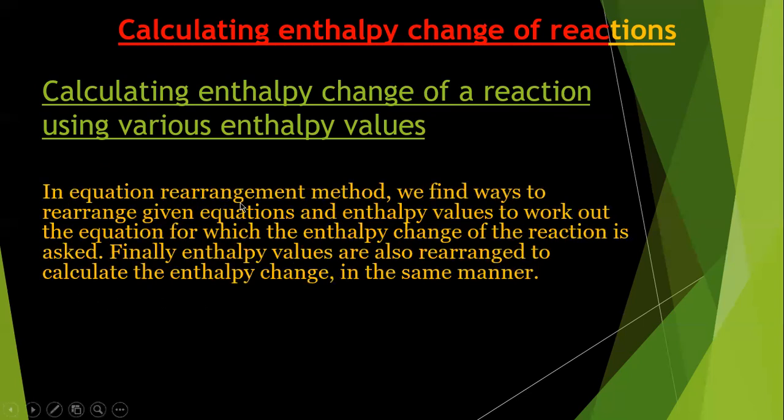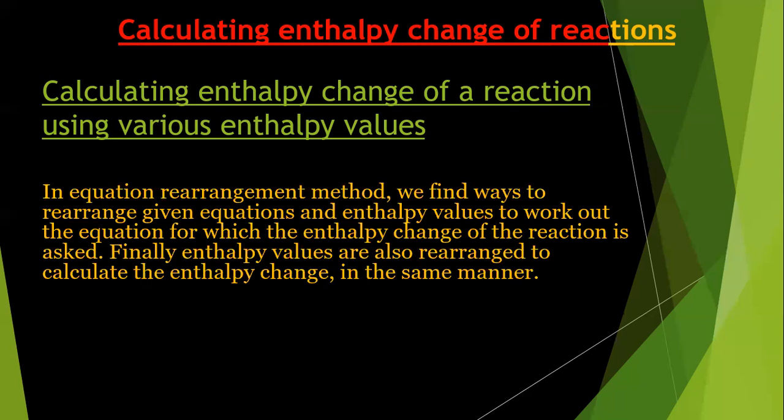In equation rearrangement method, we find ways to rearrange given equations and enthalpy values to work out the equation for which the enthalpy change of the reaction is asked. It means you have been asked to find out the enthalpy change of a reaction. To help with this, there are some other equations also given to you.